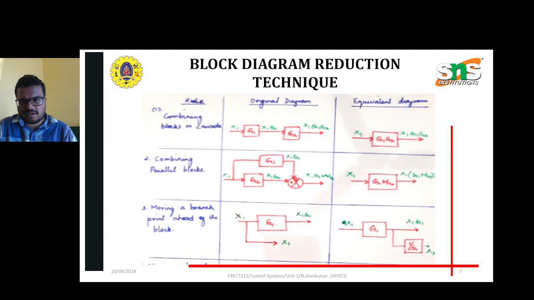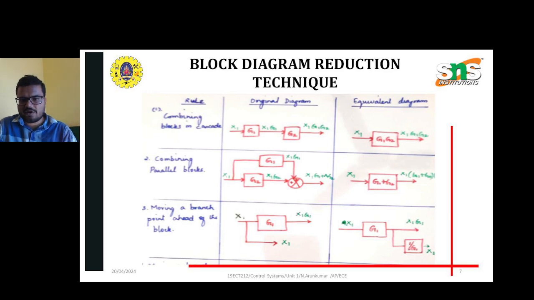Block diagram reduction techniques. The number of blocks can be reduced by using this format. For example, if you have two blocks in sequence, then the block will be reduced to G1 into G2. Like that, there are properties for reducing the number of blocks. Next is combining parallel blocks.